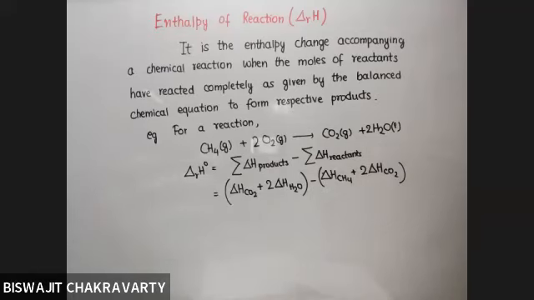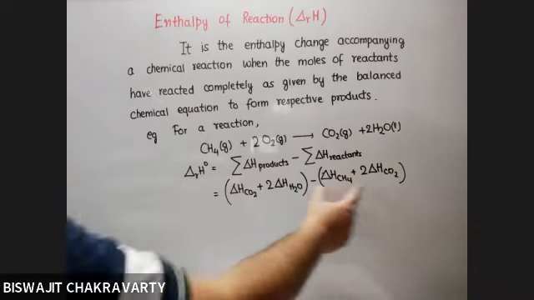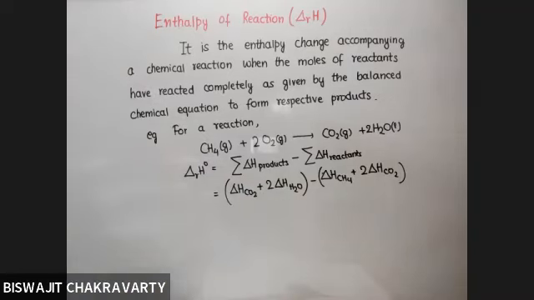The products, we will be writing delta H associated with them first, minus the reactants. So this change can be negative or can be positive. If it is negative, then we call the reaction exothermic. And if the delta H comes out to be positive, it will be called endothermic. See, it is just like saying that suppose you are running a business. In business, we know that at first some investments are required.